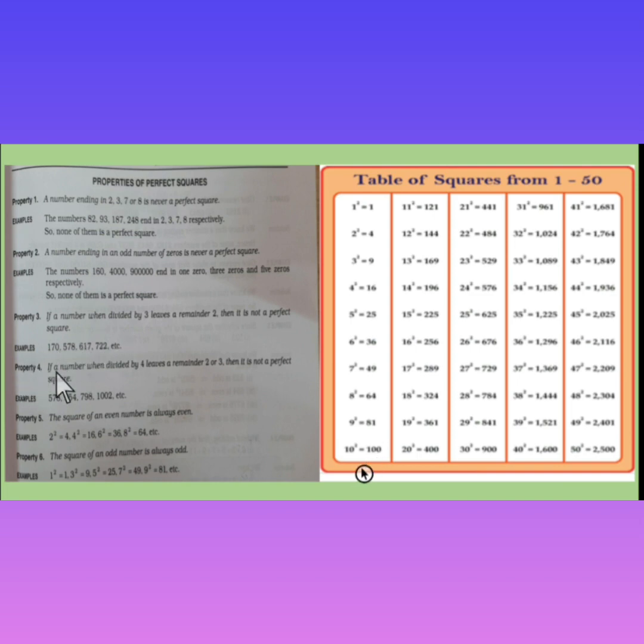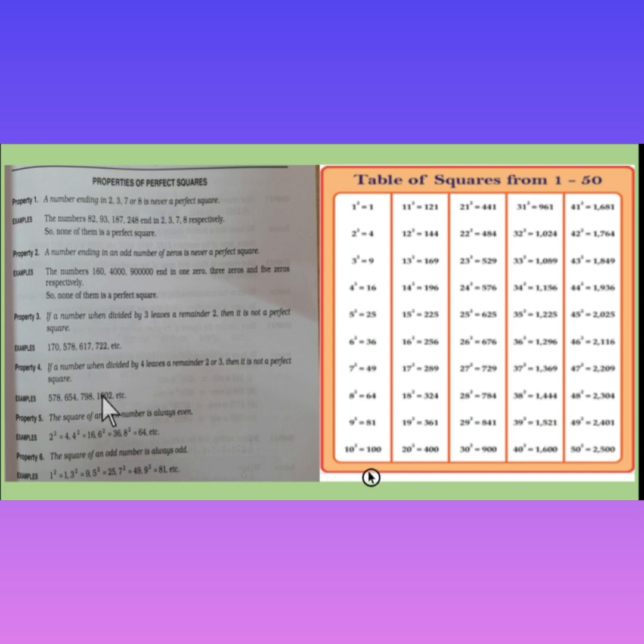Next is property 4. If a number when divided by 4 leaves a remainder 2 or 3, then it is not a perfect square. If any number is divided by 4 and that number leaves a remainder either 2 or 3, then it is also not a perfect square. So here we are using the divisibility test of 4.